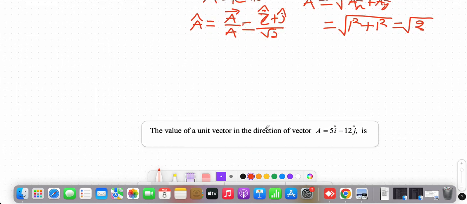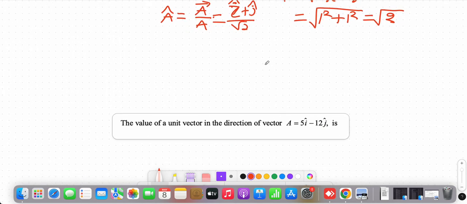Next question, this is for you guys. So pause the video, solve it. Find the value of unit vector in the direction of this.